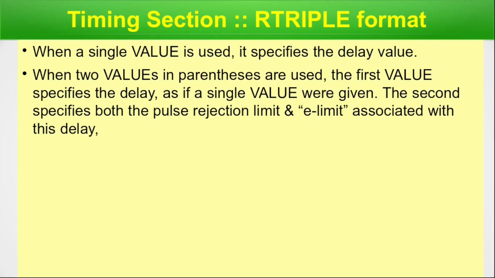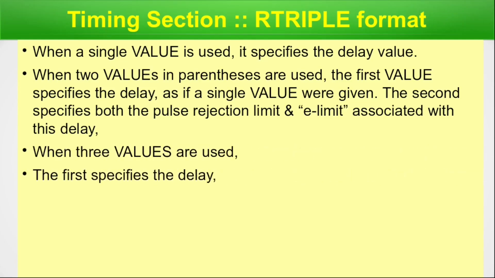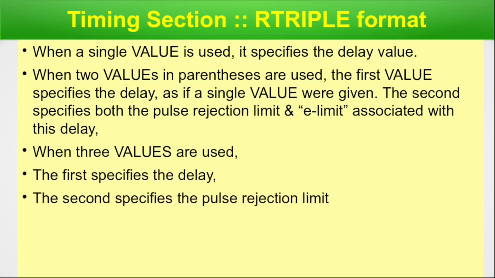When two values in parentheses are used, the first value specifies the delay as if a single value were given. The second specifies both the pulse rejection limit and the X limit associated with this particular delay. When three values are there, the first specifies the delay, the second specifies the pulse rejection limit, and the third specifies the X limit. So if there is an RTRIPLE, the first one is delay, the second one is the pulse rejection limit, and the third one is the X limit.